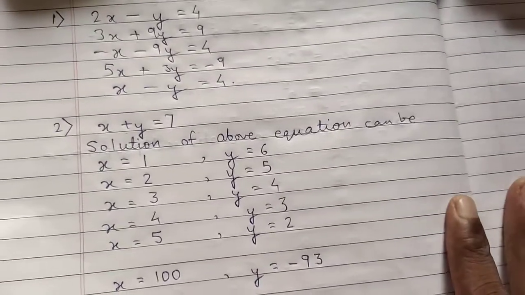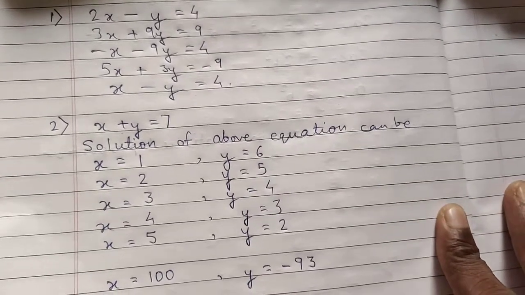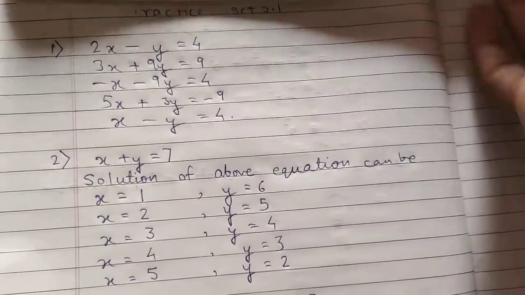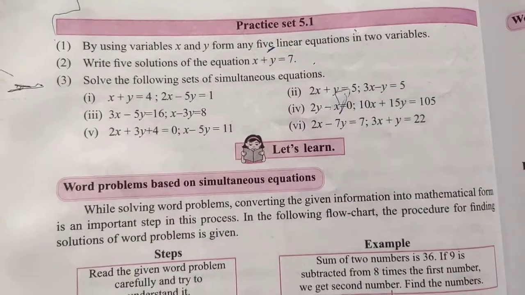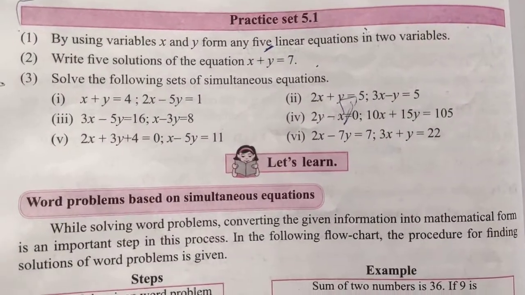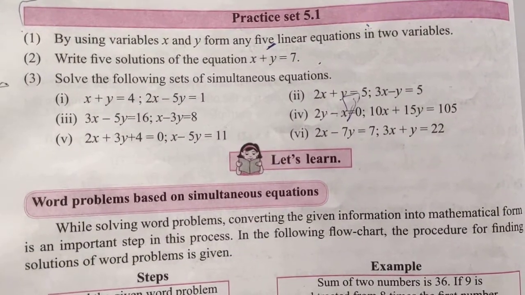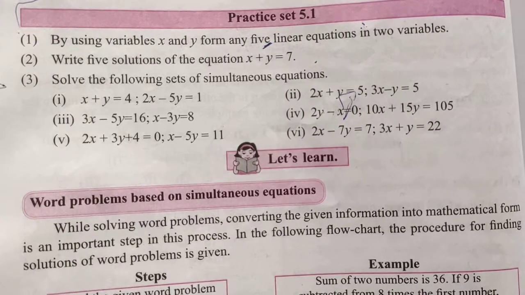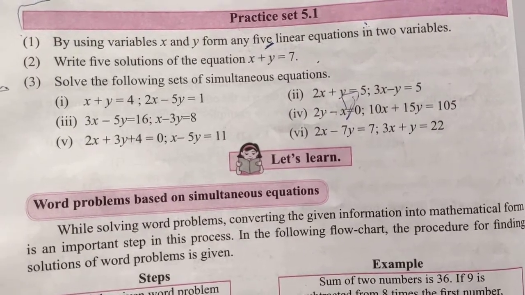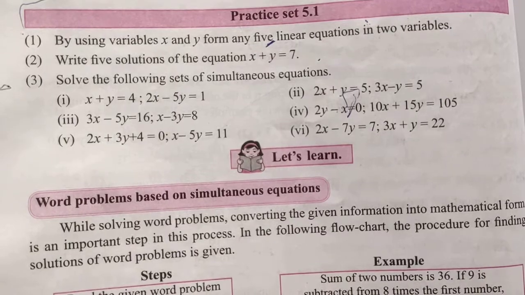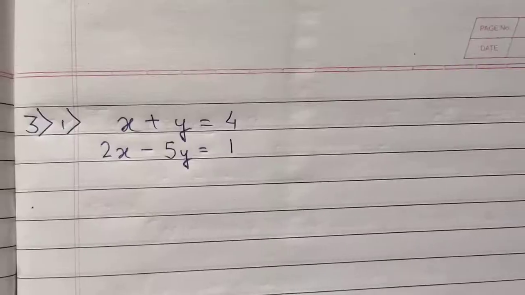Okay, now we will start question number 3. So let us see the question number 3. Question number 3 is what? Solve the following sets of simultaneous equations. Now in this question you need to solve those two equations simultaneously.